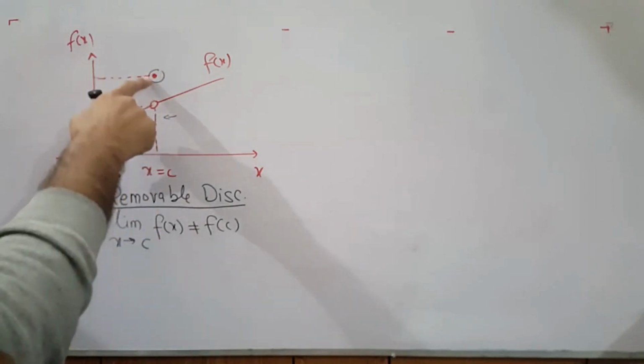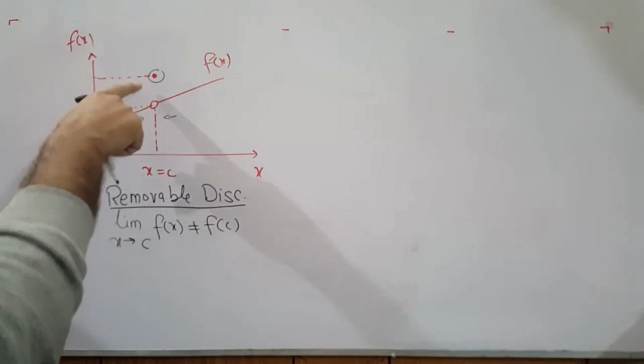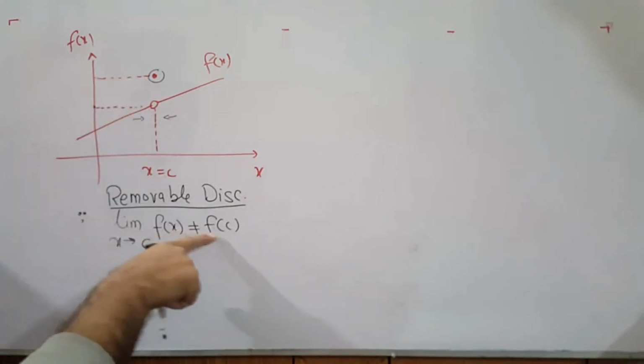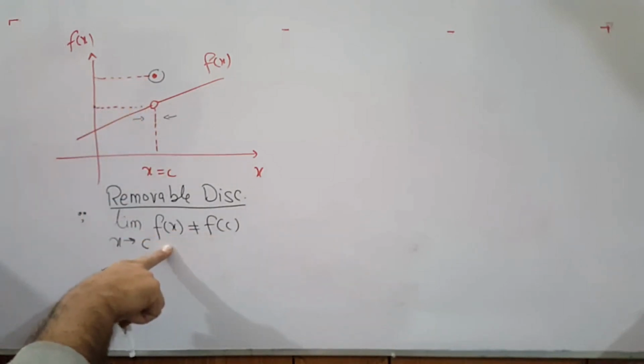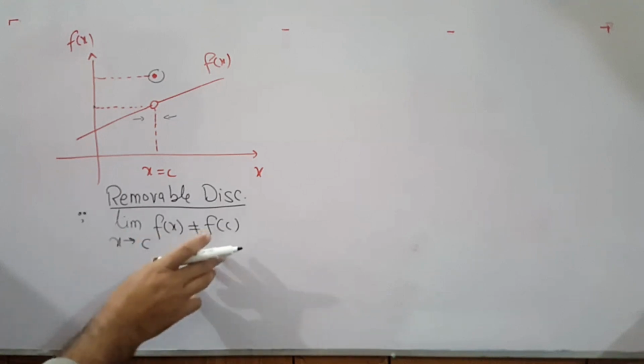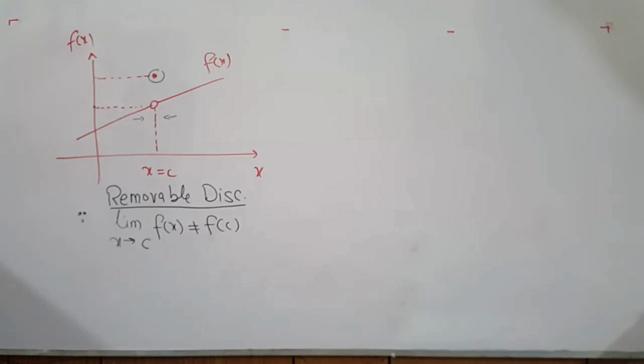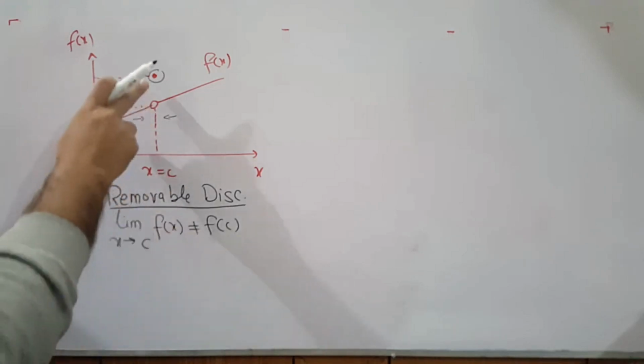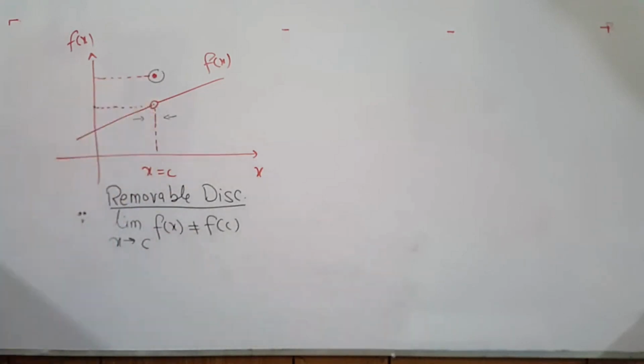At c, the function gives you this value, so they're both defined, but they're not the same. This is called removable discontinuity. It means you can remove this discontinuity by setting the function equal to this value.